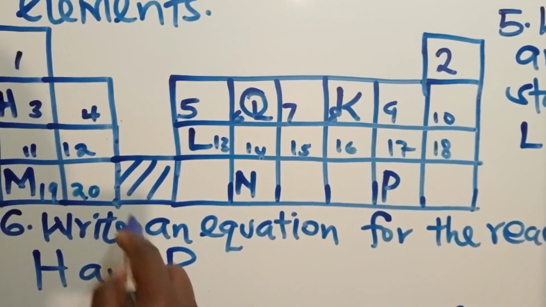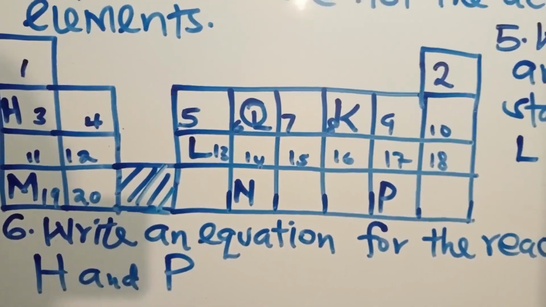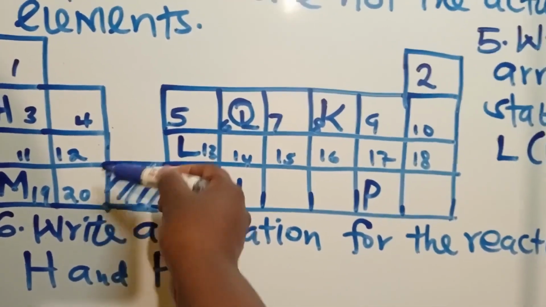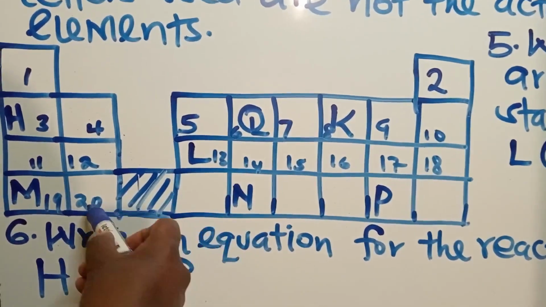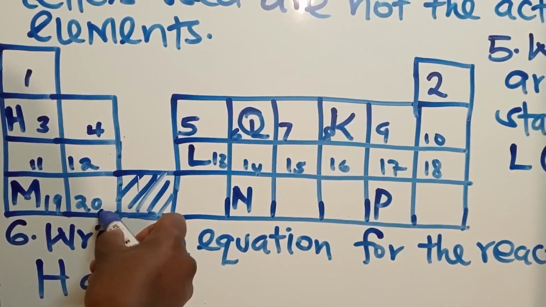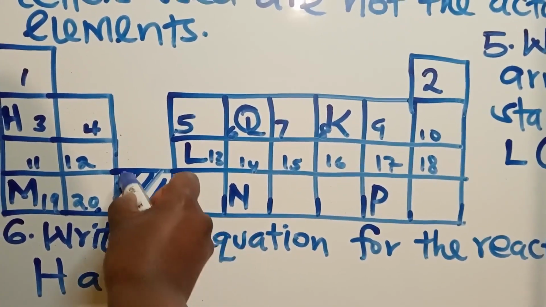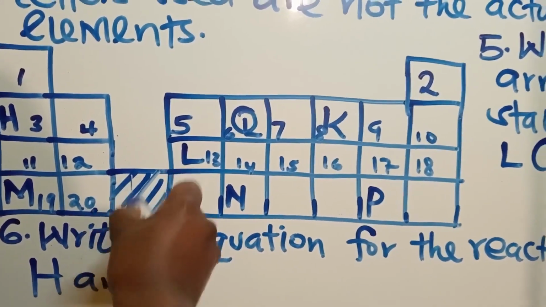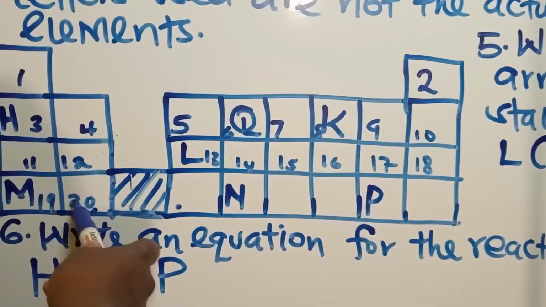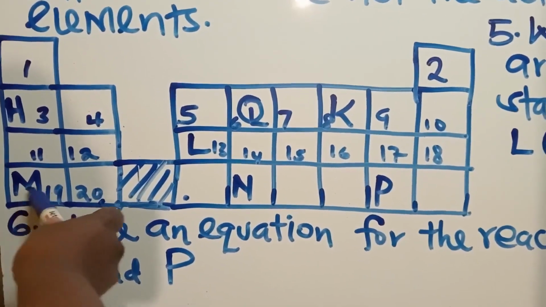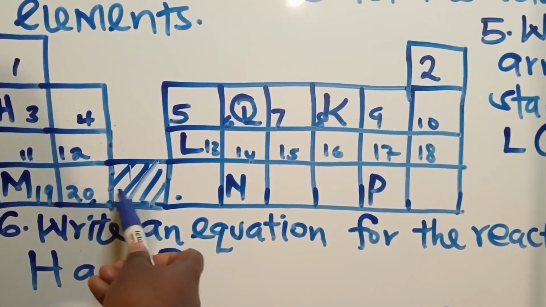Last time I told you that the space that is in between here, the shaded part, usually comprises 10 columns, the vertical columns. So by the time you are coming from this 20 and going to this next space over here, you will add 10 to the 20, because now this space is divided into 10, and this is a whole period from where we have M to the end, and so the atomic numbers should follow one another.